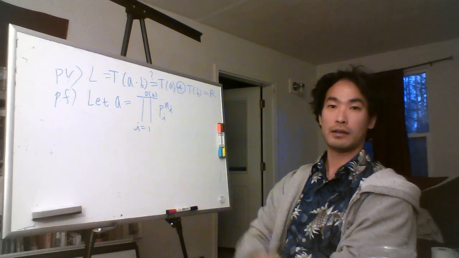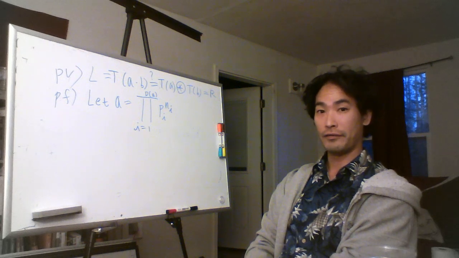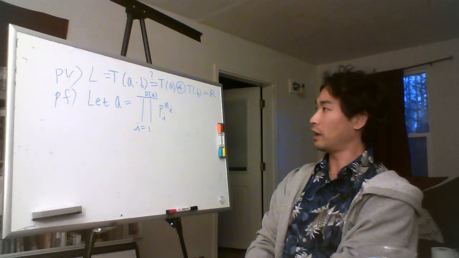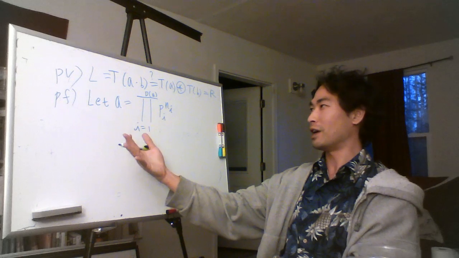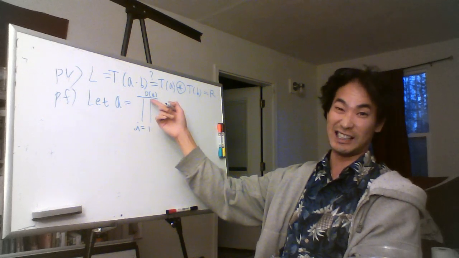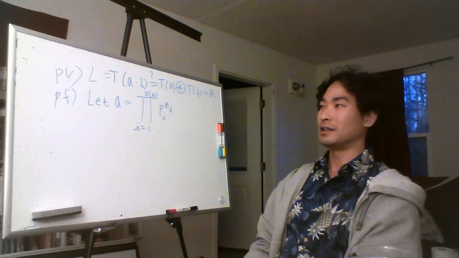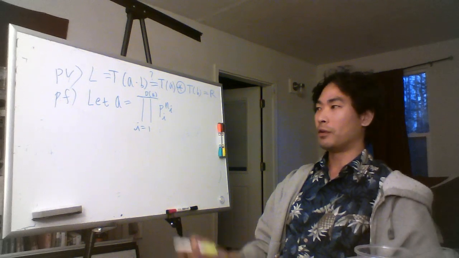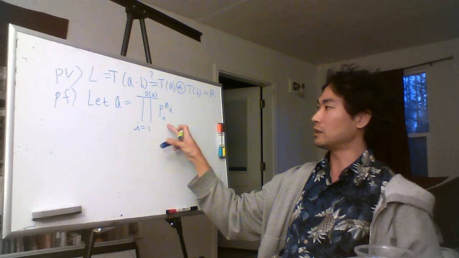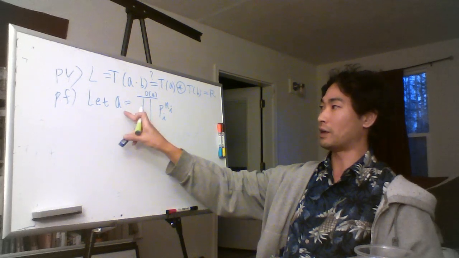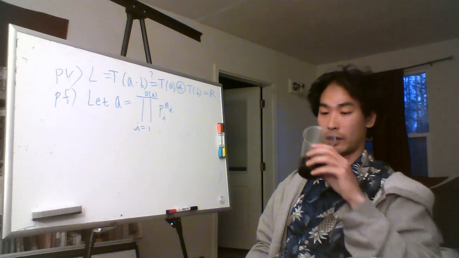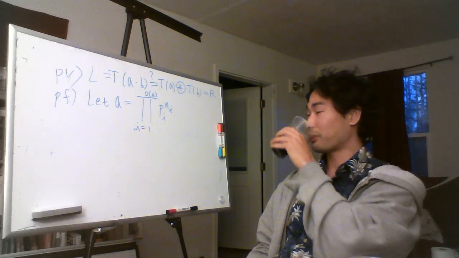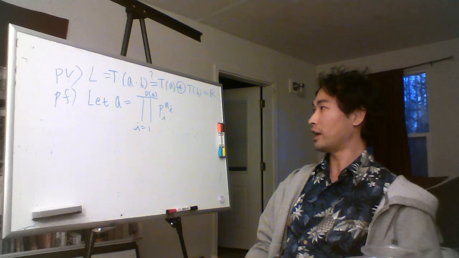That's D of a. Very good. We're kind of getting ahead of ourselves because we didn't formally define what D is yet, the distinct prime counting function, but we know what it is. How many distinct prime numbers are there in the prime factorization of a? That's what D of a is.